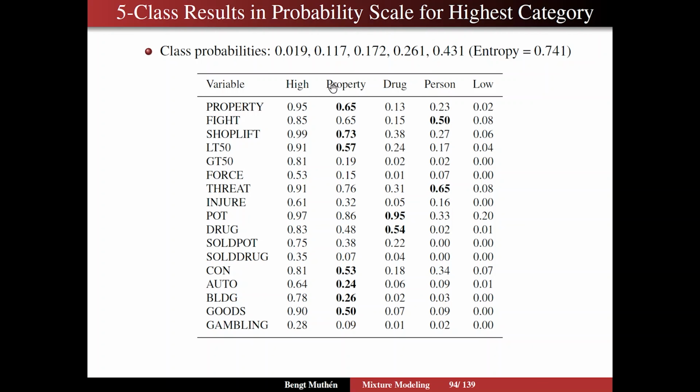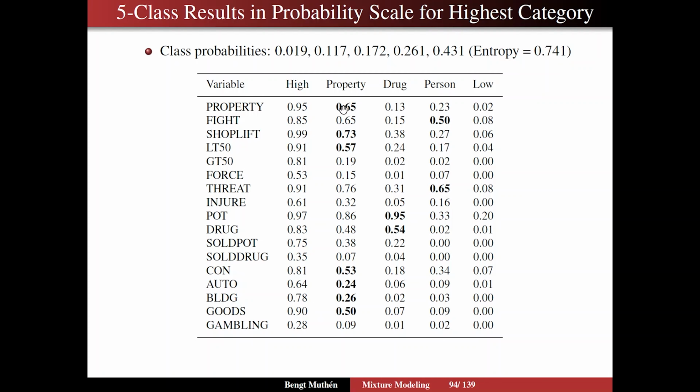We talked about the high class. For the property class, you have a high probability for engaging in property. I think it's property theft and shoplifting, stealing less than $50, conning someone, auto, building, goods.